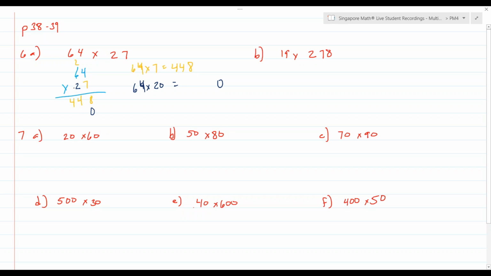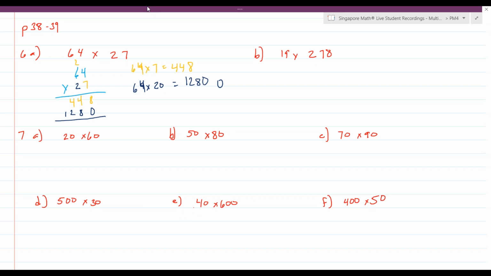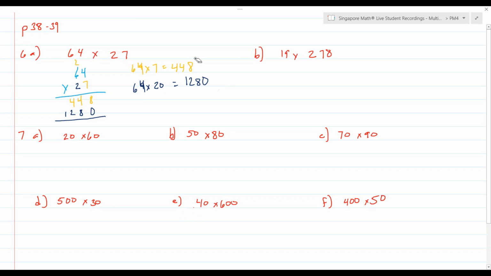But remember, that's 20 times 4, so that's 8 tens. That's why the 8 is in the tens place. 2 times 6 is 12. That's going to be 12 hundreds because it's 20 times 60. So 64 times 2 tens is 128 tens. Let me move that 0. It's kind of over there by itself.